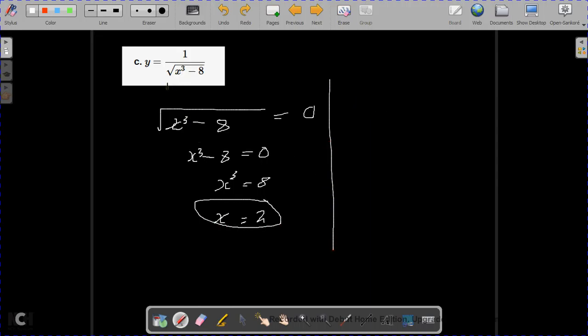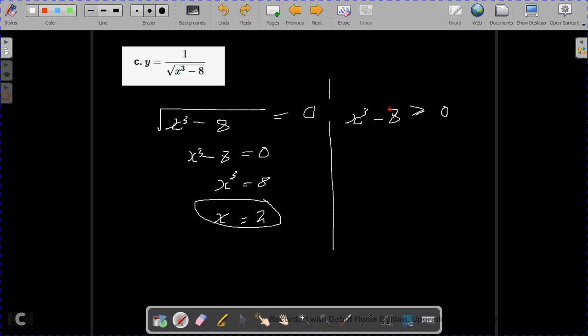Just got to check the second part. We've got a square root of x cubed take 8. Now we know that we can't get the square root of a negative number. So we need to find the values for which x cubed take 8 is greater than or equal to 0.